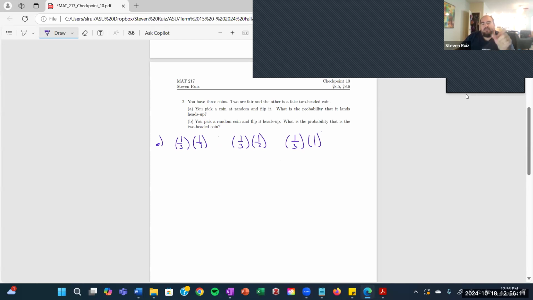So for these 3 products I've written down here, these 2 events are independent. One is picking up a coin, and the other one is what I get when I flip it. Because of that, I can add these things together.